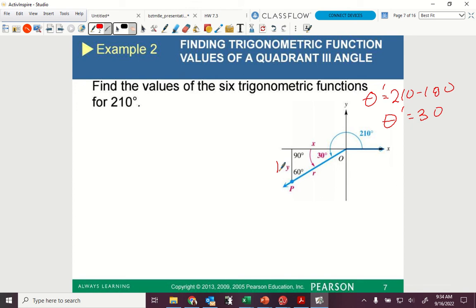Because the hypotenuse is double, right? And then the x value here is going to be? Just write rad 3.